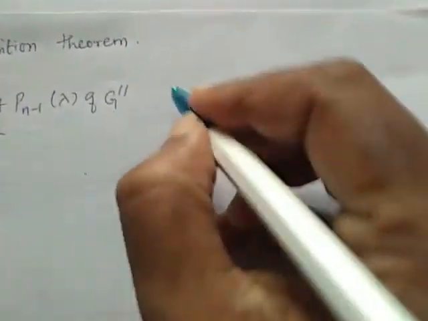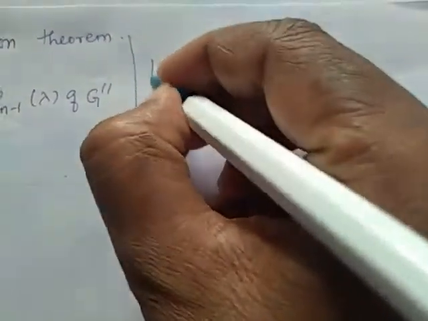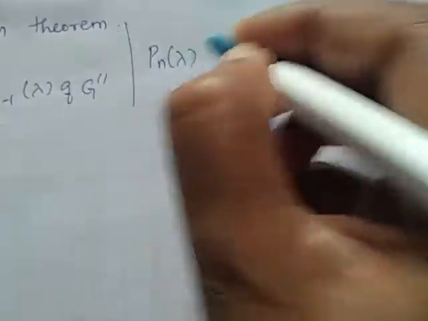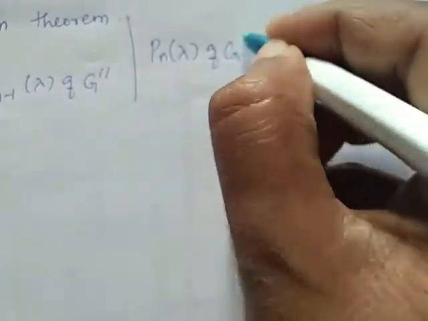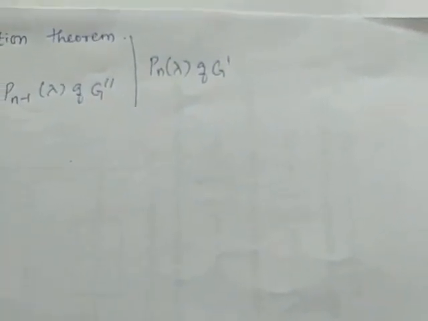Now, Pn lambda of G dash. We are going to find for G dash. What is our formula?